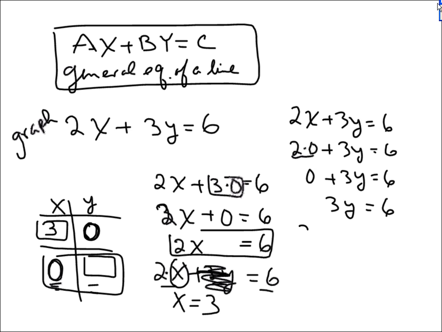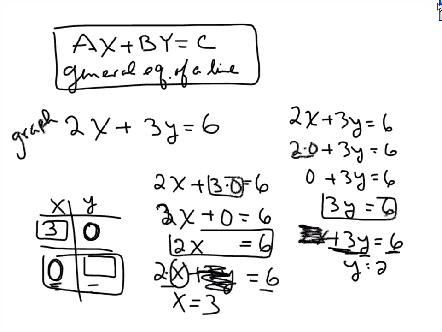We could have gotten that much quicker: if we're letting x equal 0, just cross off the x term. 3y equals 6. 3 times what number is 6? Remember, it's positive 3. If it were negative, I would be saying negative 3 times some number is 6. Why, that number is 2.